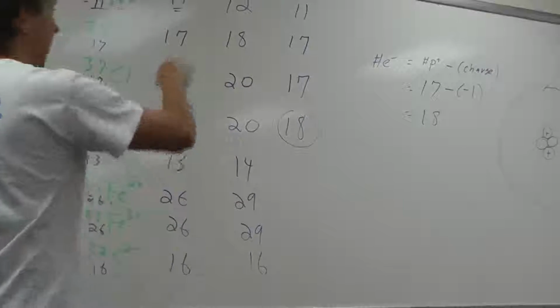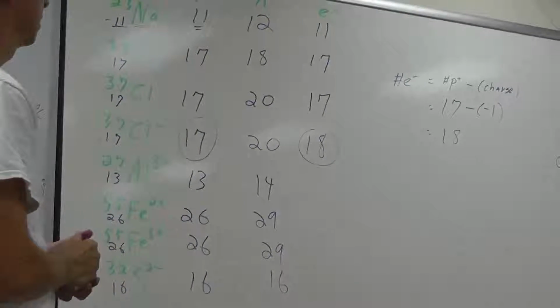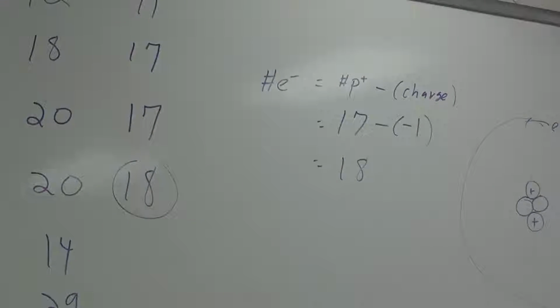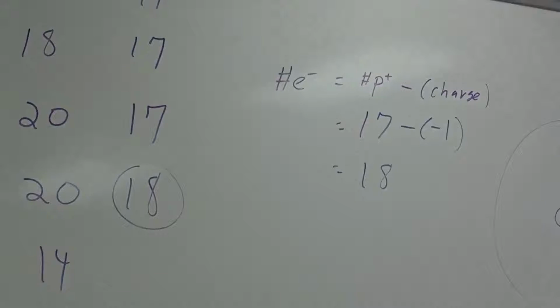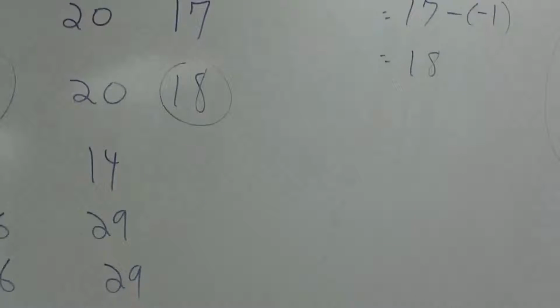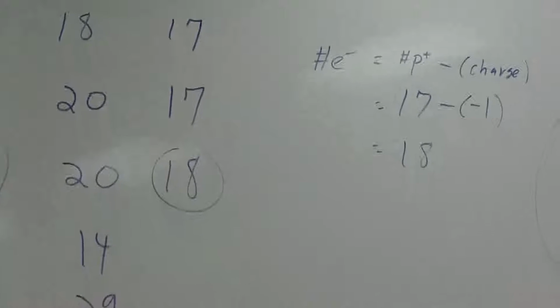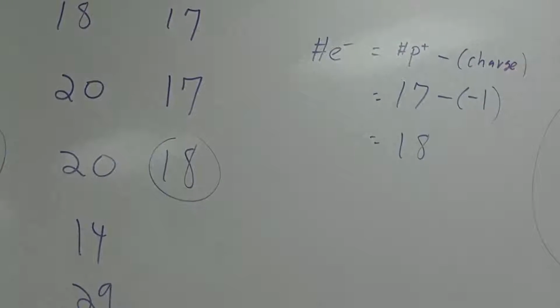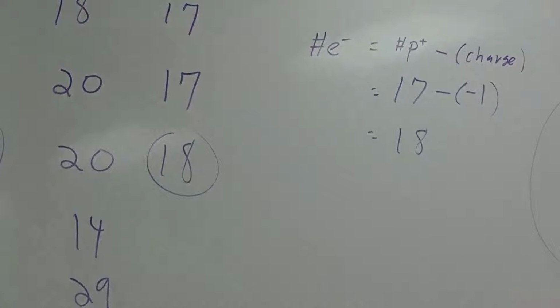Some people just look at it, other people prefer a formula. So if you want a formula, that's a formula. The number of protons minus charge, or atomic number minus charge. What about this aluminum plus 3? You got 3 more positives than negatives, but the positives are unchangeable.